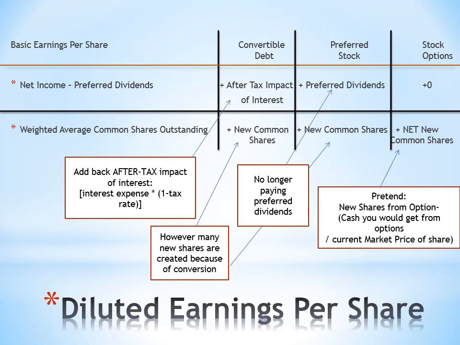Convertible debt: because you no longer have to pay your happy little interest costs, you get to add back the after-tax impact of converting that debt from debt to equity. You add that after-tax impact to the numerator, and you add to the denominator the number of new common shares, okay? That's because if you convert debt to stock, you don't have to pay back that interest cost. But remember, it's always the after-tax impact, okay?